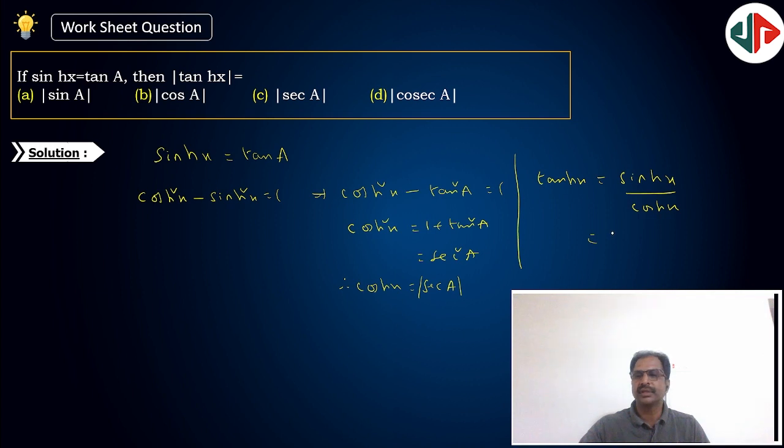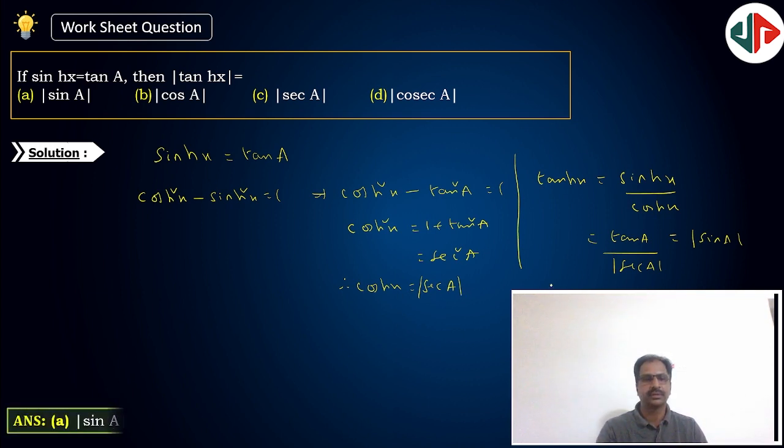Sin hx is given as tan a by mod secant a. If you write tan as sin by cos and secant as 1 by cos, then you get mod sin. So when sin hx is tan a, then mod tan hx is equal to mod sin a. Option A is correct.